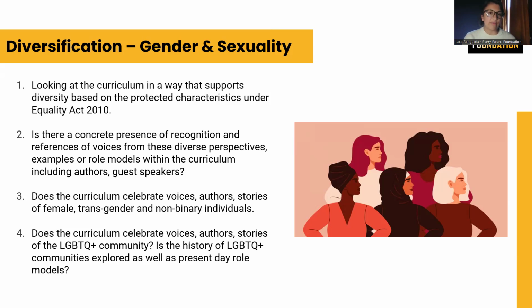Is there concrete presence of recognition and reference of voices from these diverse perspectives? So for example, role models within the curriculum, or authors or guest speakers. Does the curriculum celebrate voices, authors, stories of female, transgender and non-binary individuals?